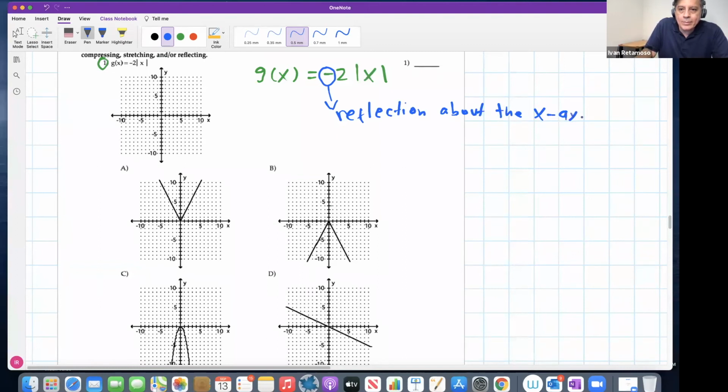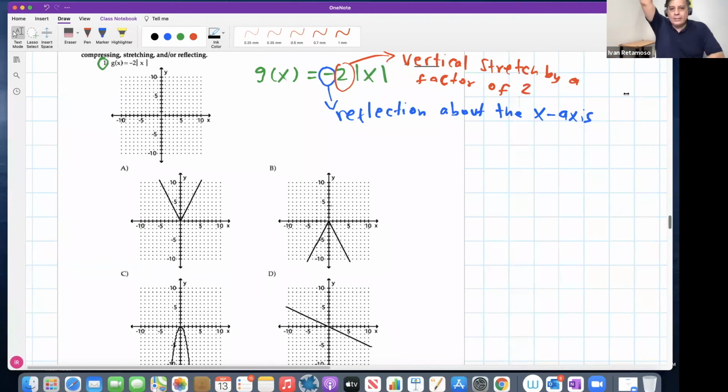It's like placing a mirror on the x-axis. And this 2 indicates a vertical stretch by a factor of 2. Vertical stretch, and then flip it, and that should be your final graph.